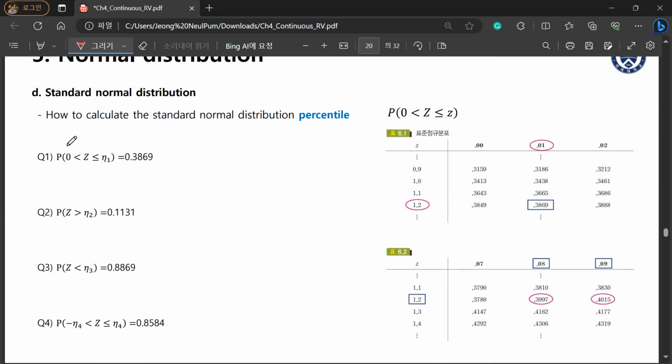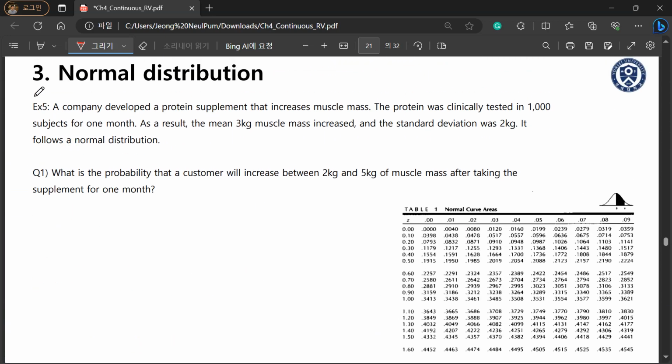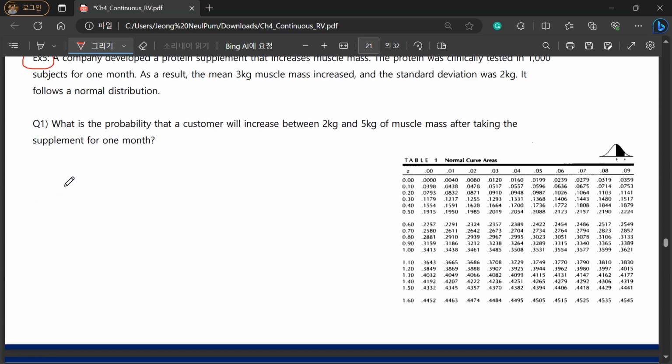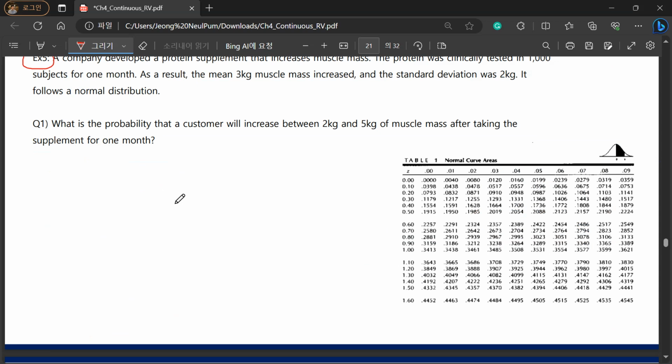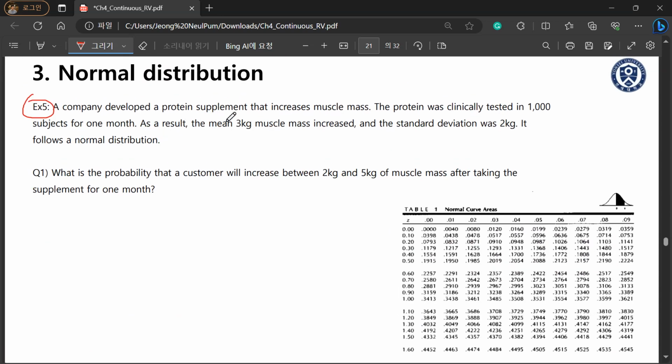And there is also question number 5 here, example number 5, and example number 34. Our mean is 3 and standard deviation is 2, and we want to get the probability when our random variable x is between 2 and 5.